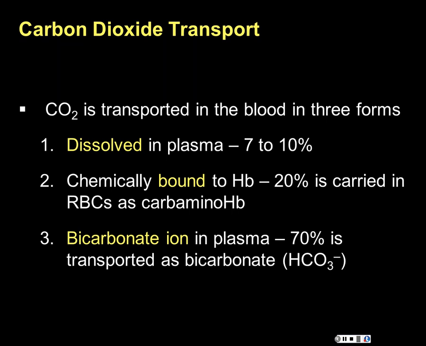But we focused on the third mechanism as well in lab last week. We learned that the preferred route, or the greatest proportion of our carbon dioxide, actually gets converted into a more soluble ionic form, which is called bicarbonate ions. So nearly three quarters of your carbon dioxide will undergo this transformation to form bicarbonate ions.